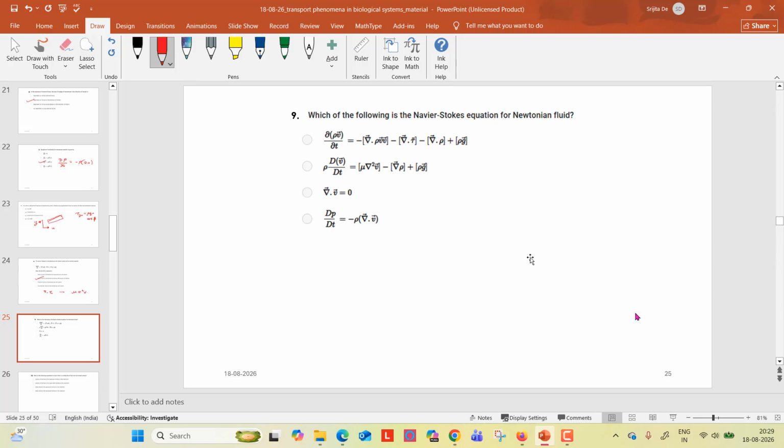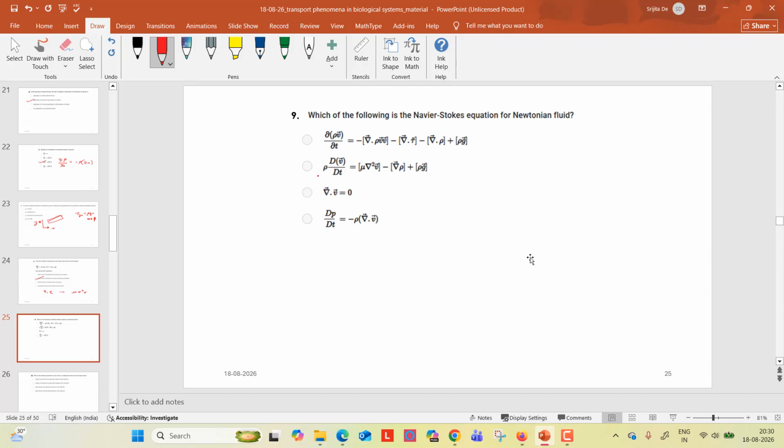Right. Next, which of the following is the Navier-Stokes equation for Newtonian fluid? Tell me. So originally it is like this.